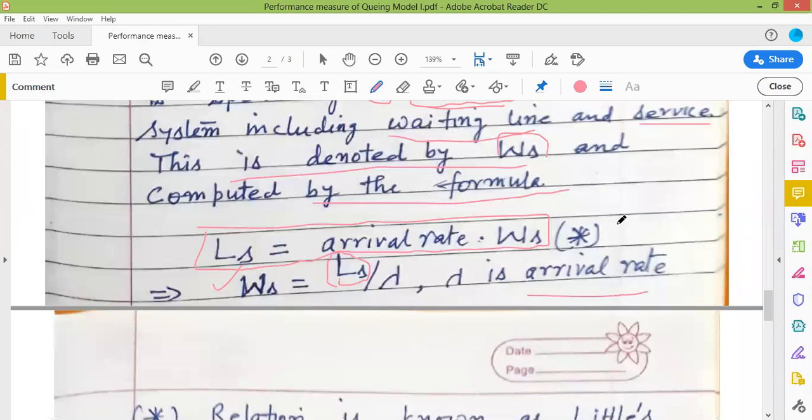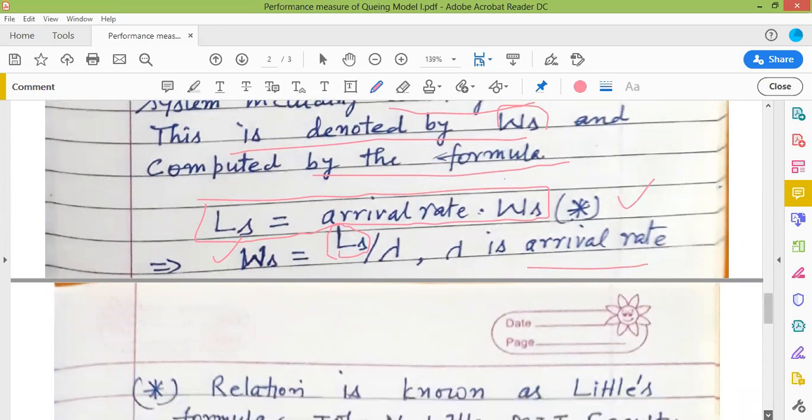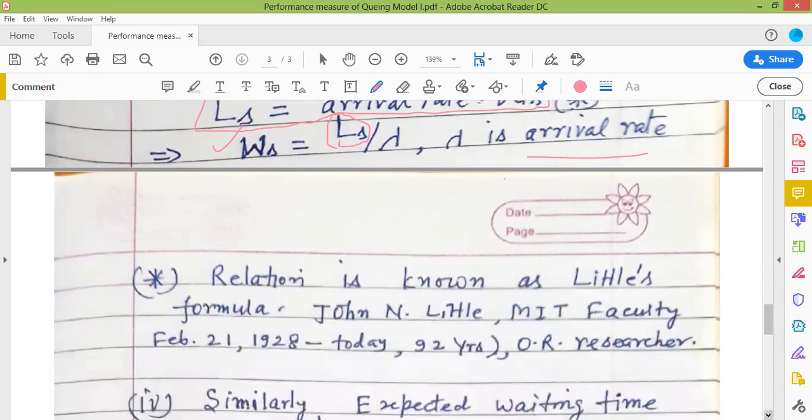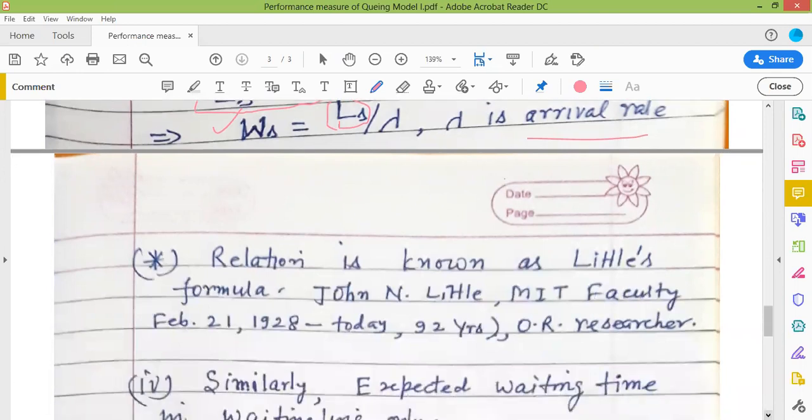To whom should the credit for this popular formula be given, through which we can compute the expected waiting time in the system? This relation is given by Little, and it is known as Little's formula.